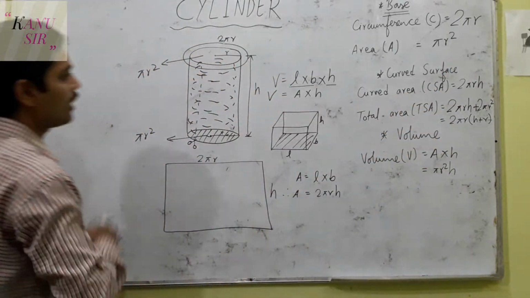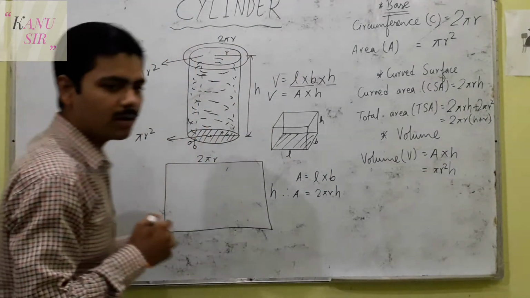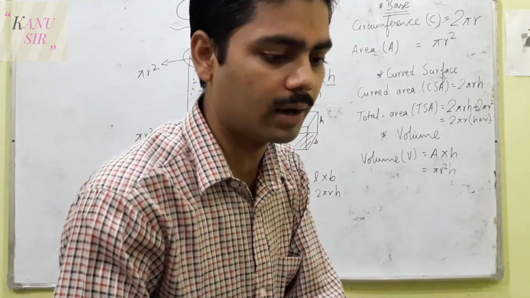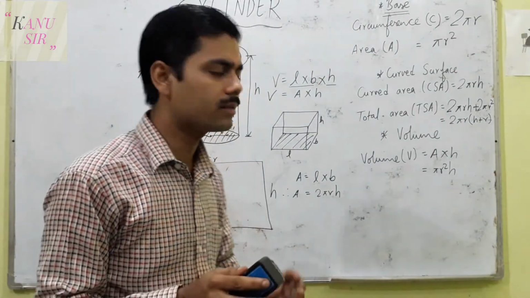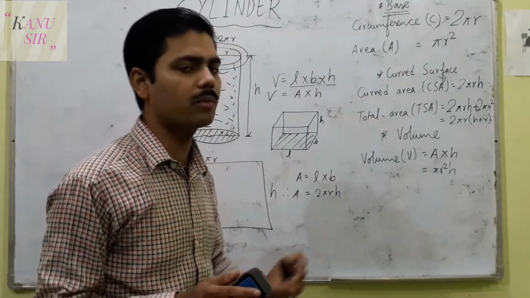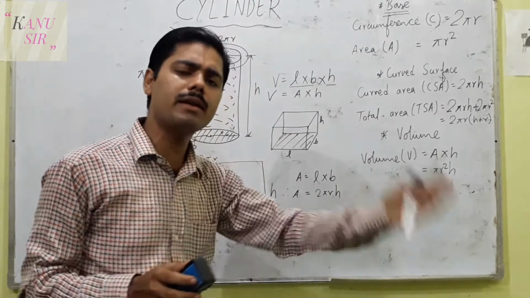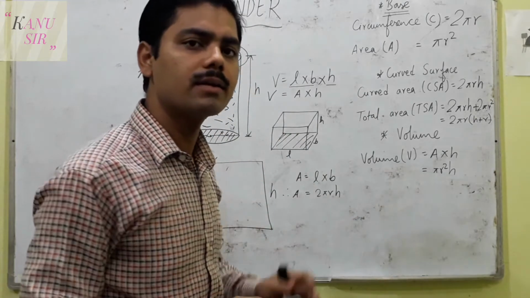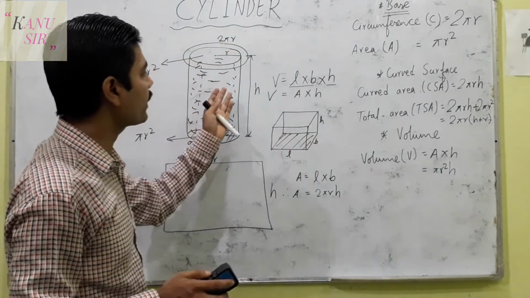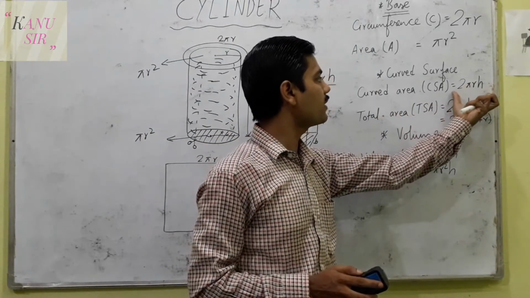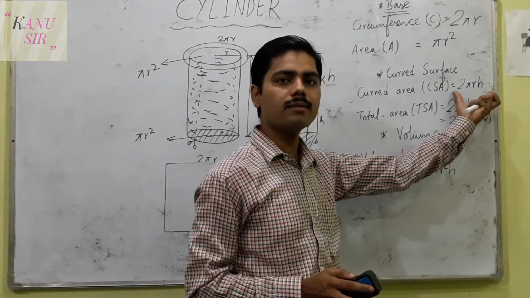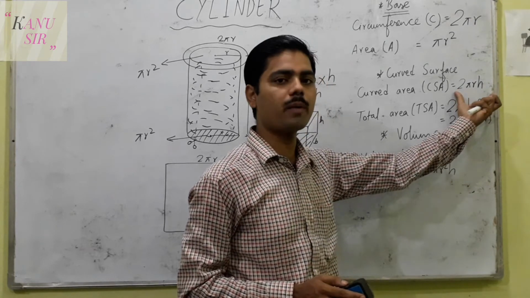Let us take the example of the curved surface area formula. Why I say not to memorize more formulas: just memorize a few formulas that can be used for any type of question related to that object. Like we are talking about the cylinder, and if I say the curved surface area of a cylinder is 2 pi rh, then stick with the same formula 2 pi rh.